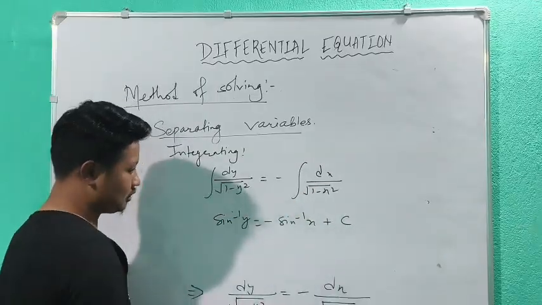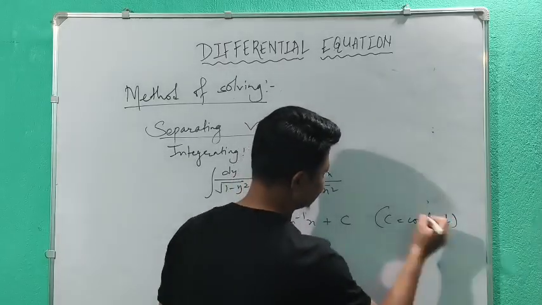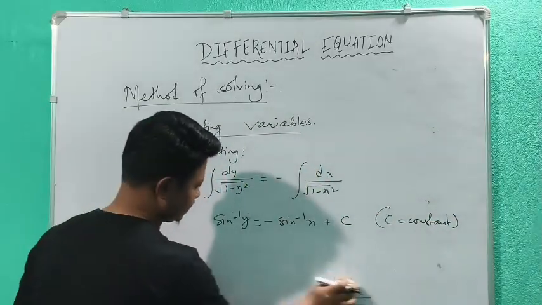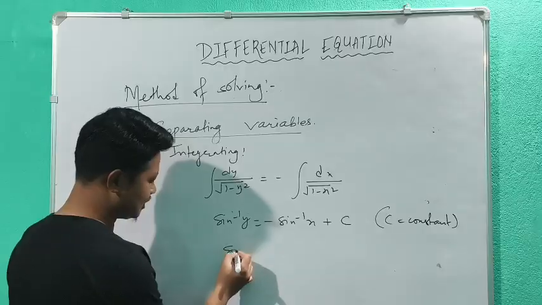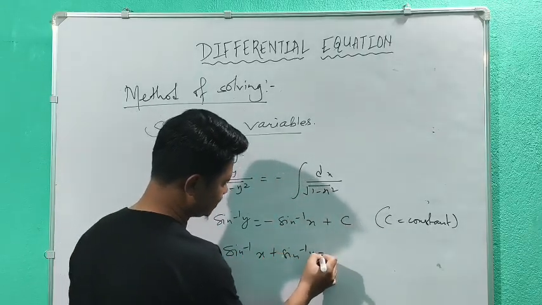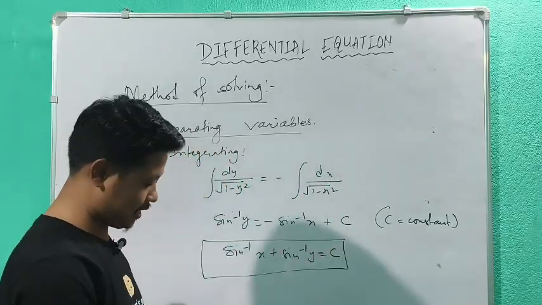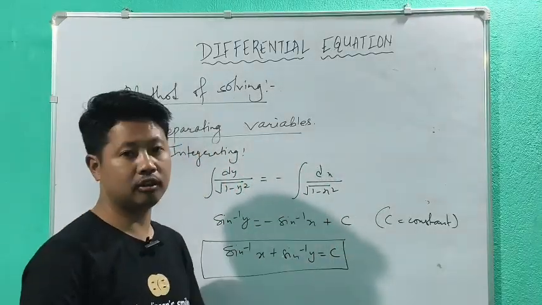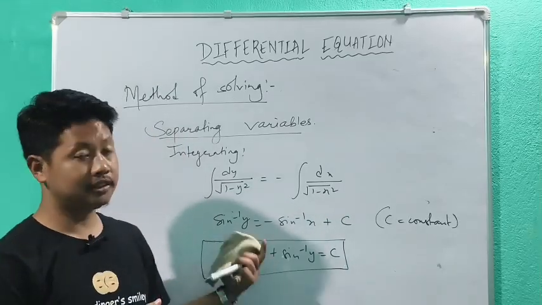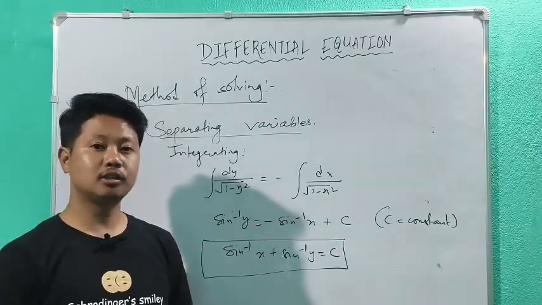Okay, and then one constant, so c is equals to constant. So this equation I can write as sine inverse of x plus sine inverse of y is equals to c. So this is the easy and quick method of solving this type of differential equation by using the separating variable method.